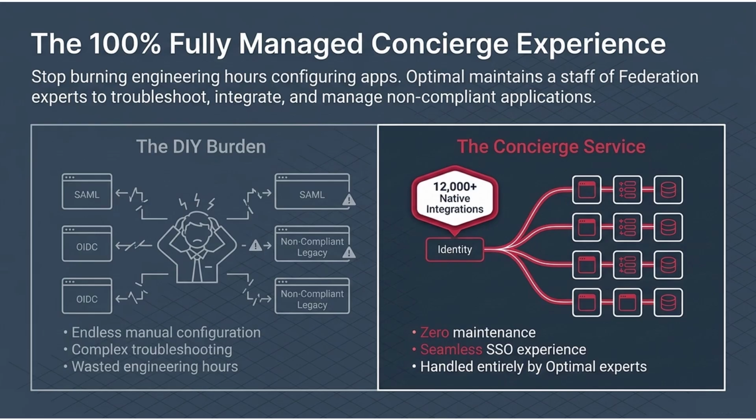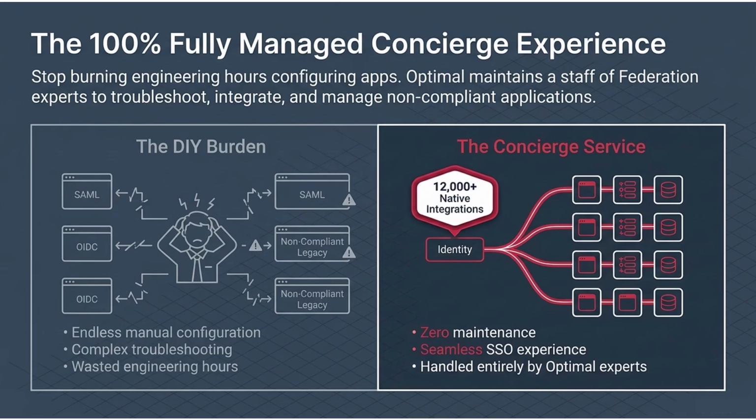I bet. The sources mention endless manual configuration of SAML and OIDC protocols. For the listener who isn't buried in identity tech every day, why is configuring a SAML connection such a nightmare? It's not just flipping a switch, is it? Not at all. Setting up a SAML connection, security assertion markup language, requires exchanging XML metadata between the application and your directory. Sounds tedious. It is.